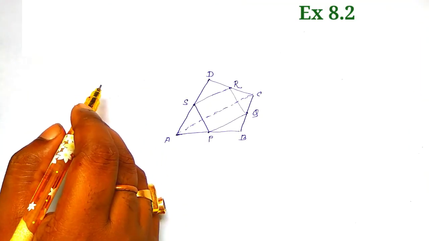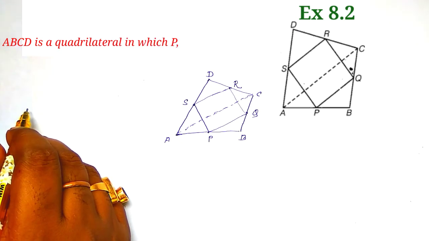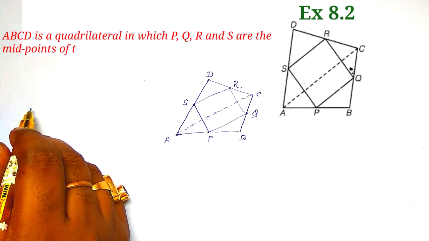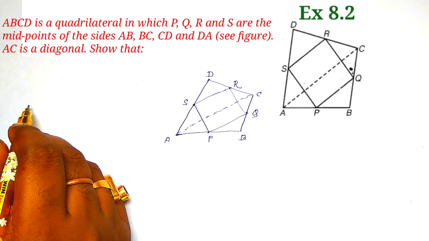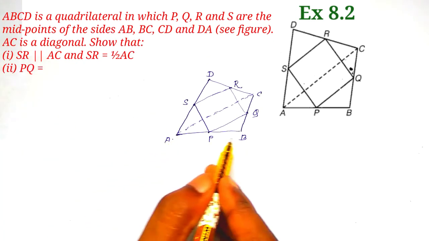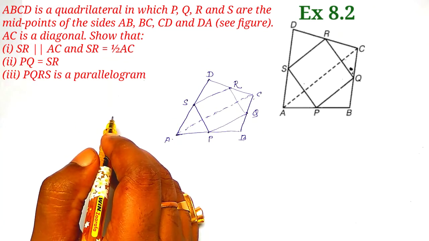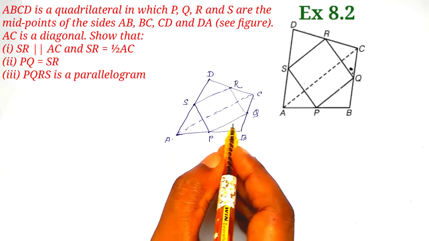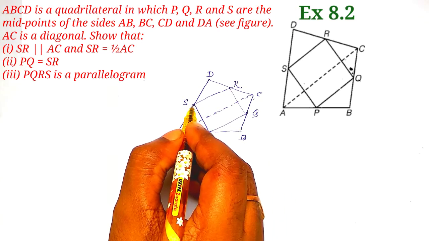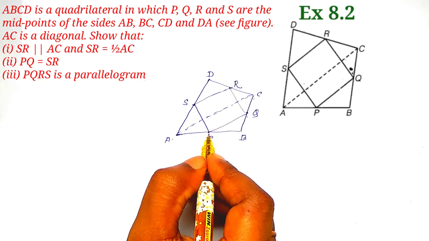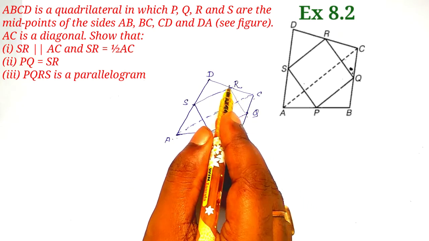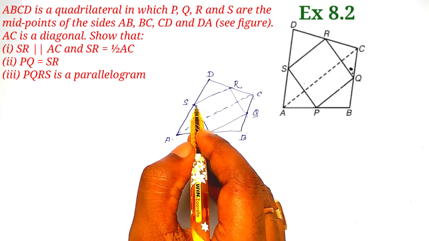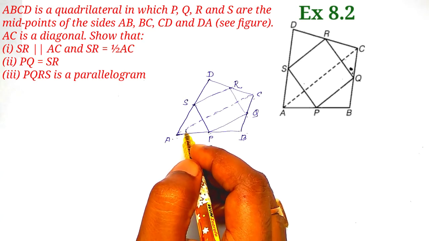First question. See what is given here. ABCD is a quadrilateral where P, Q, R, S are midpoints of the sides. P is the midpoint of AB, Q is the midpoint of BC, R is the midpoint of CD, and S is the midpoint of AD.